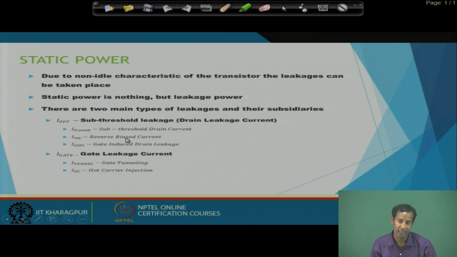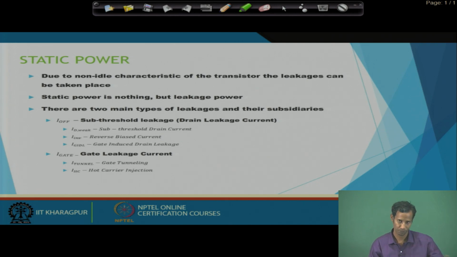If you know more about CMOS devices, you will find that these are currents that are already present because we are choosing CMOS technology for VLSI circuit design.